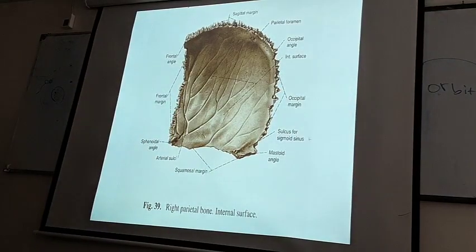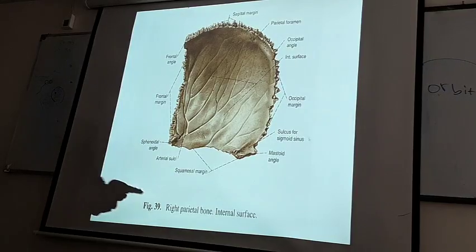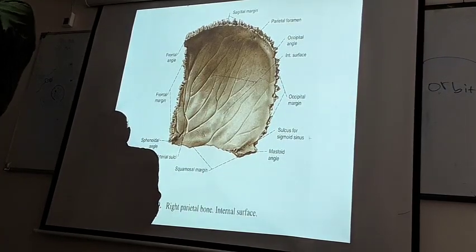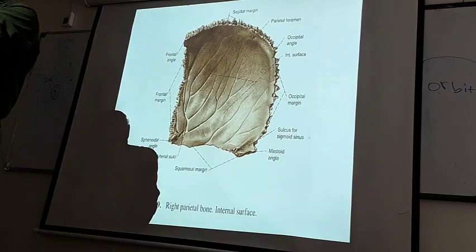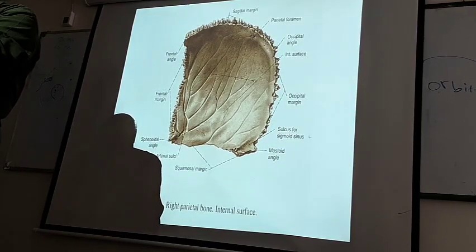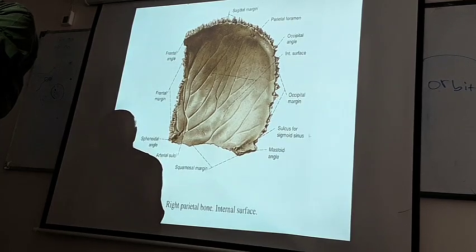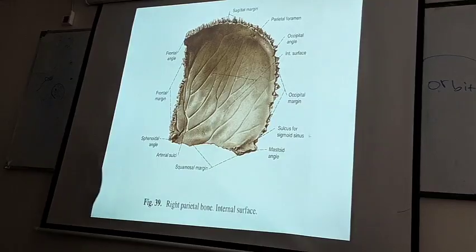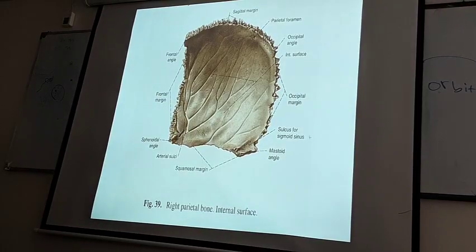Here two parietal bones articulate with each other, and on the external side we have the sagittal suture. Beneath the sagittal suture we have the sagittal sinus. And you know the sagittal sinus is only one sinus.